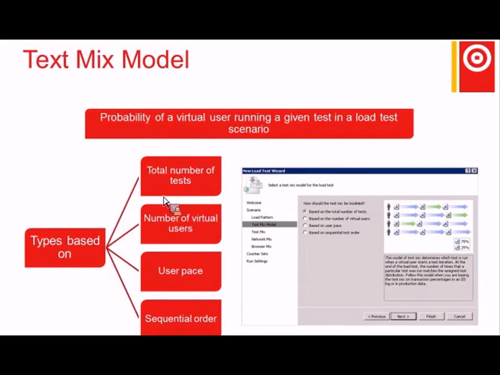So from the very start of the test, if we specified in our test mix that we want 50% of tests to be running test 1, and we're about to run a test and the system notices that only 10% of the tests since we started have run test 1, it will say run test 1 until that gets up to 50%, or until there's a bigger discrepancy on one of the other percentages.